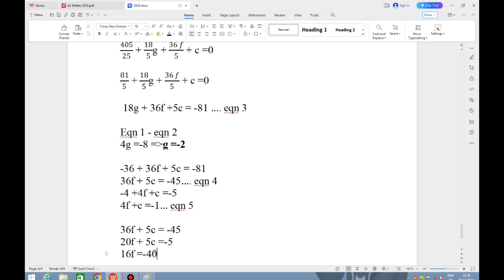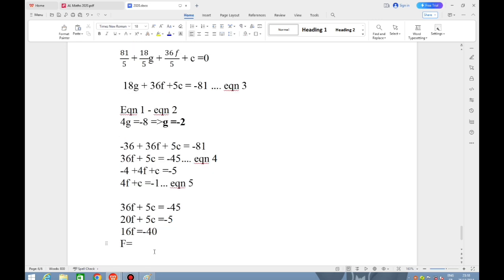And now the value of F is simply F is equal to minus 40 divided by 16. That's going to give us minus 10 on 4, or we can further simplify it as minus 5 on 2.